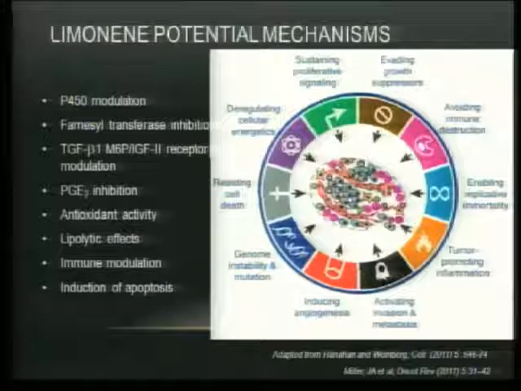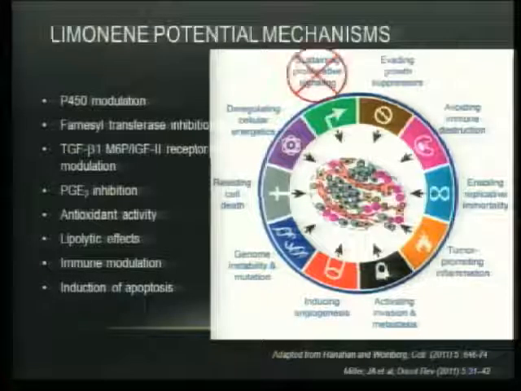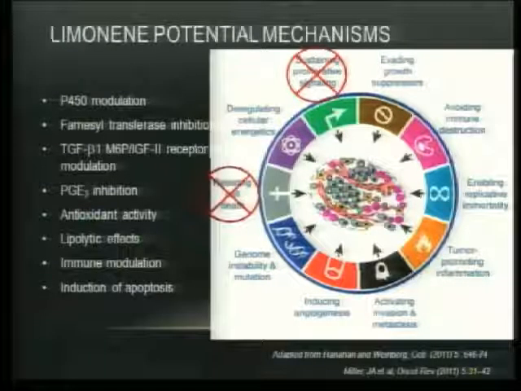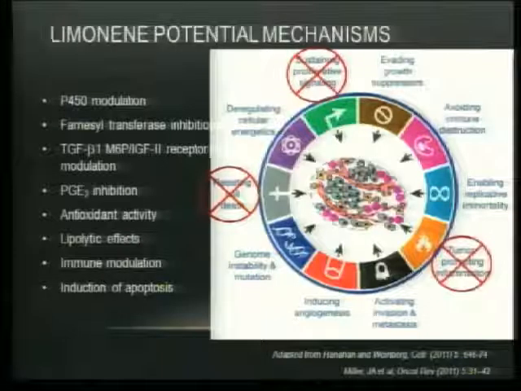The ones that limonene may affect: it may inhibit sustaining proliferative signaling through its farnesyltransferase inhibition, resisting cell death by inducing apoptosis, and inhibiting tumor promoting inflammation through PGE2 inhibition.